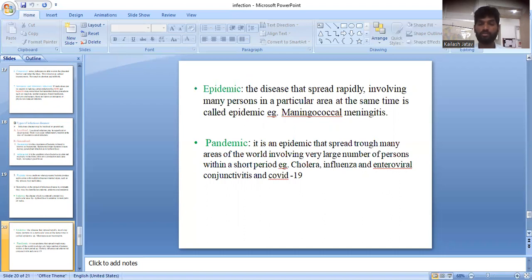Example, meningococcal meningitis. Pandemic: an epidemic that spreads through many areas of the world involving a large number of persons within a short period. Example, influenza, enteroviral conjunctivitis and COVID-19.